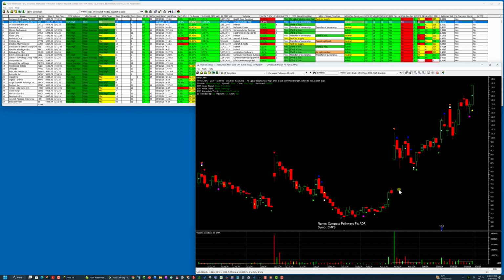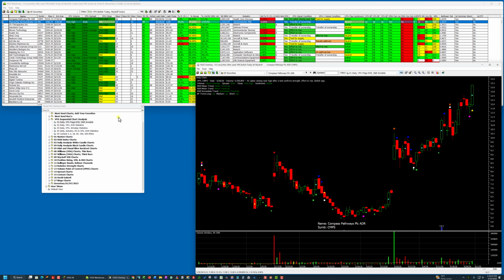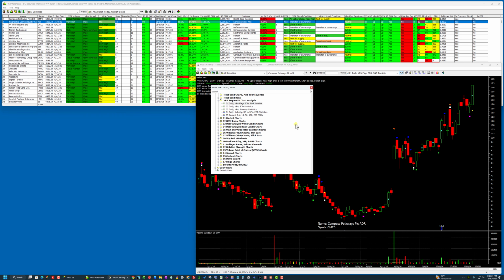Okay, so you can see that this is my first sequential chart. Now you're going to find these charts. I have my most used charts, and I placed this sequential VPA chart analysis just below that.